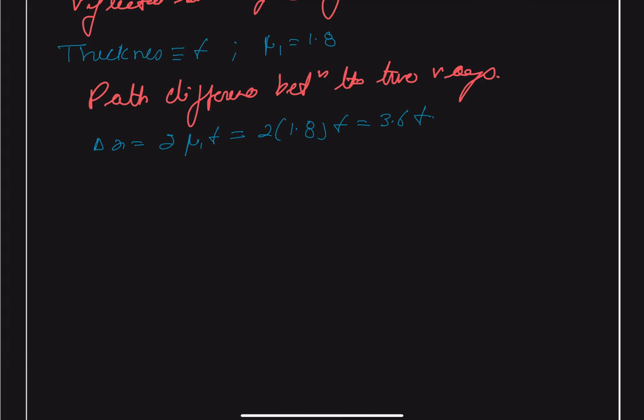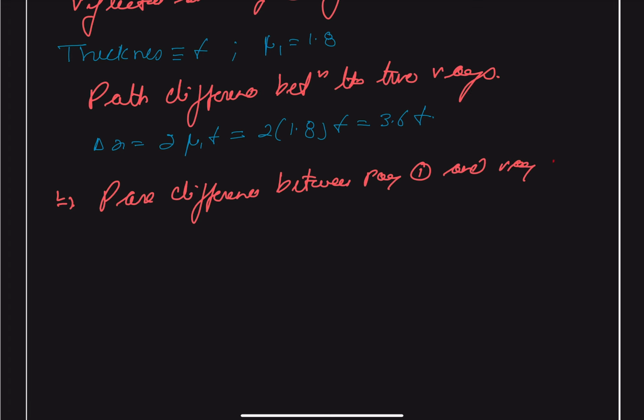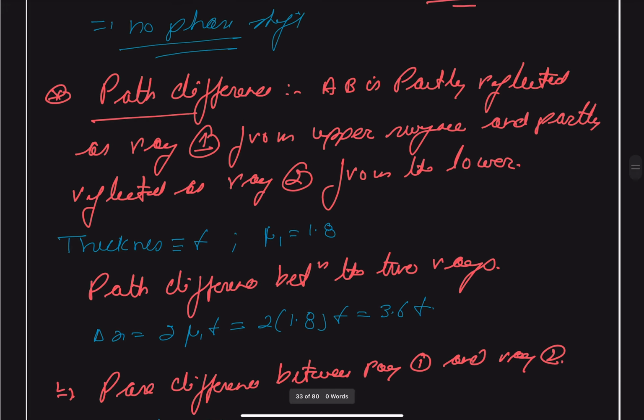So from here we can say that the phase difference between ray 1 and ray 2, delta phi, will be equal to pi. And we need a constructive interference.